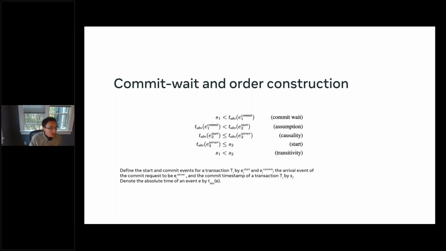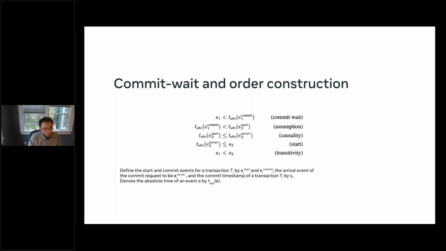The third one is E2's start timestamp is less than or equal to E2's server timestamp. This is trivially satisfied by causality, because someone has to start a transaction first before the server is able to receive it. Because the communication implies causality, the absolute time inequality here holds.